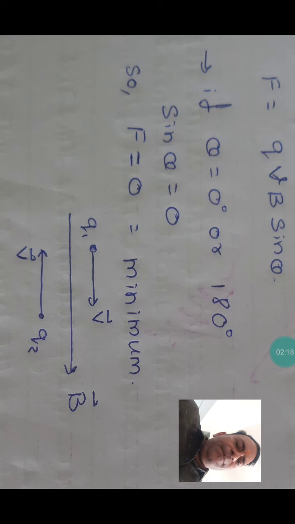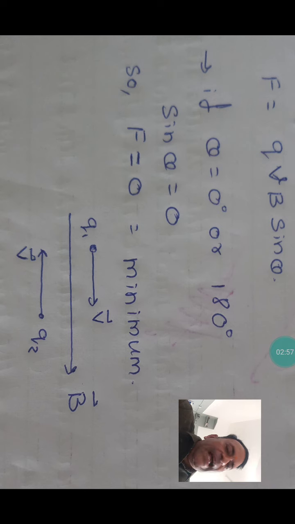In this Lorentz force equation, let us find out when this force is minimum and when this force is maximum. Looking at the equation, F is equal to QVB sin theta. What if the value of theta is equal to 0, or what if theta is equal to 180? Theta 0 means the angle between velocity and magnetic field is 0 degrees, that means both of them are moving in the same direction.